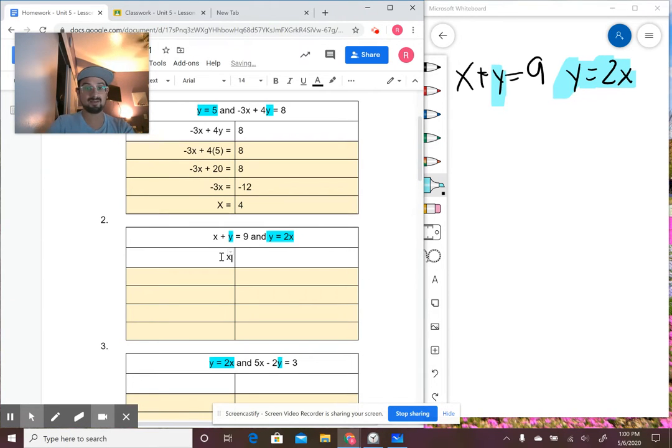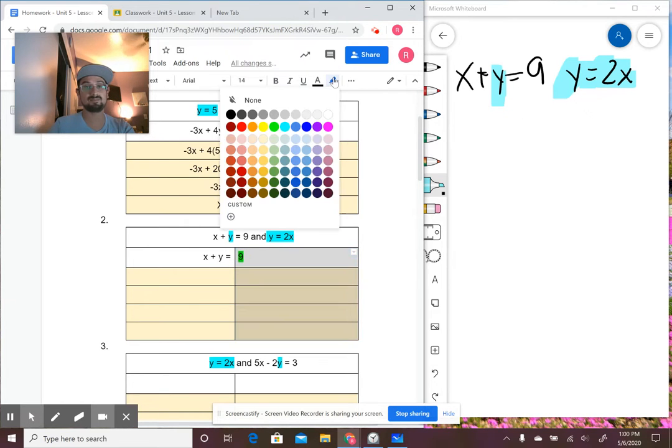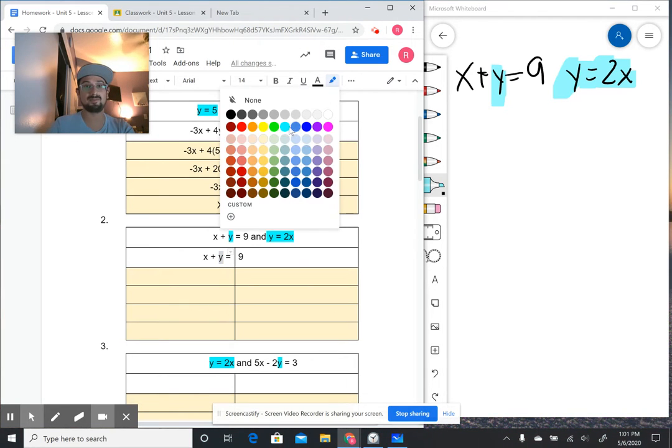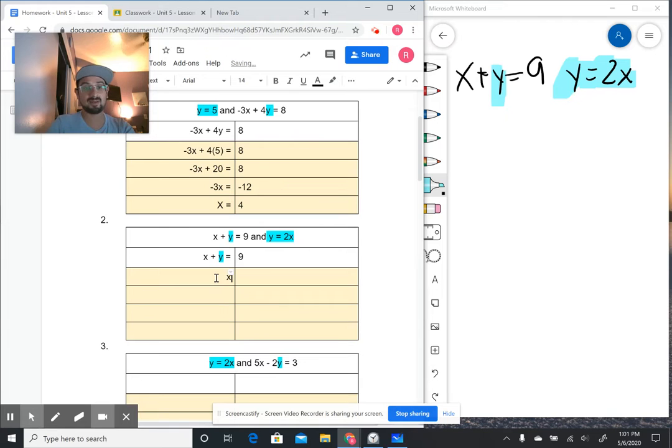We're going to take that y and that's green for some reason. Let's get rid of that. Taking that y, and we're going to substitute with this blue right there. And so that y becomes 2x.